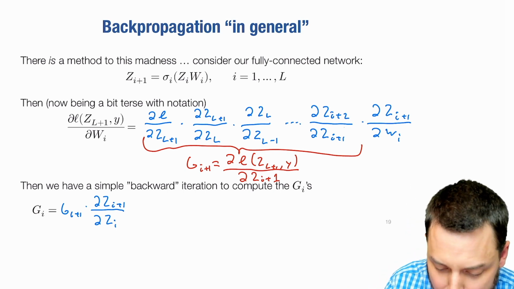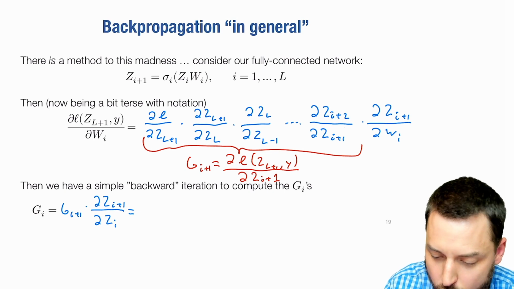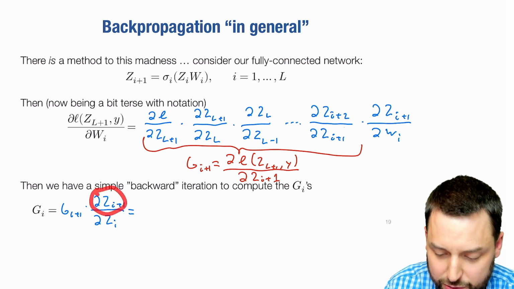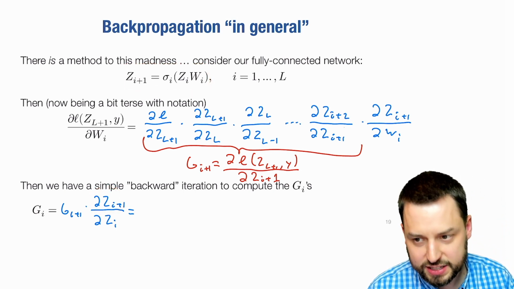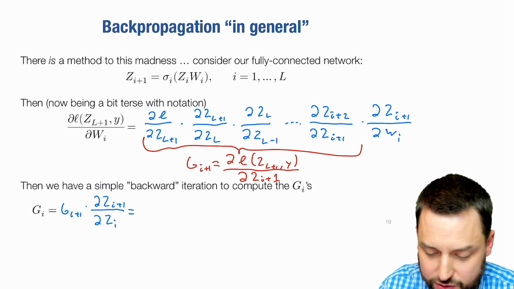In fact, we can write this out more explicitly. So now we can write out, what is ZI plus 1 here? Well, this is the exact expression for it up here. So let's be a little bit more precise and actually write out what these things really are.